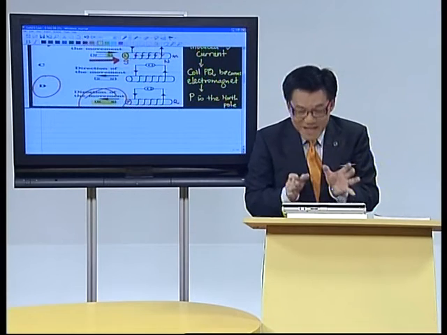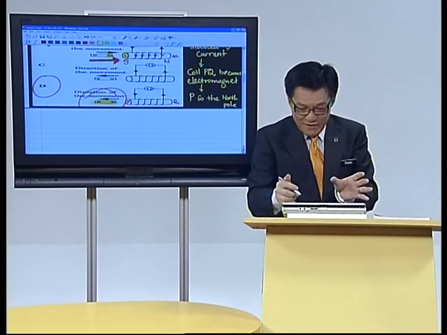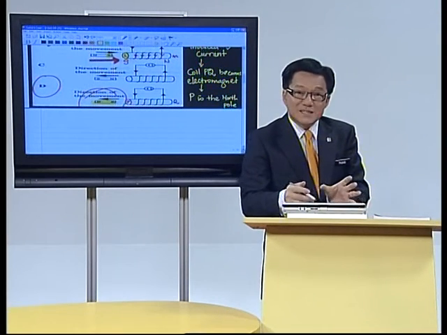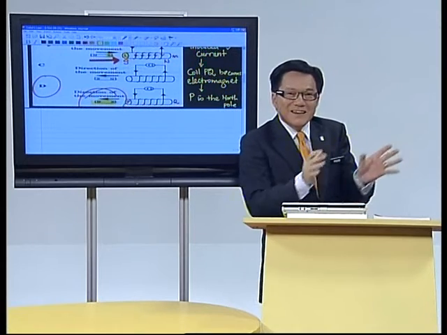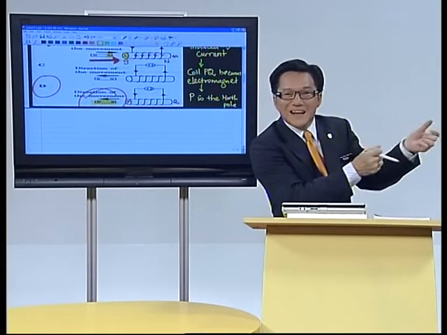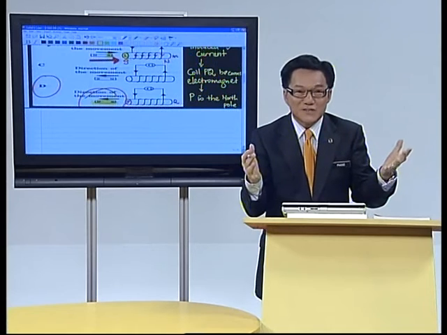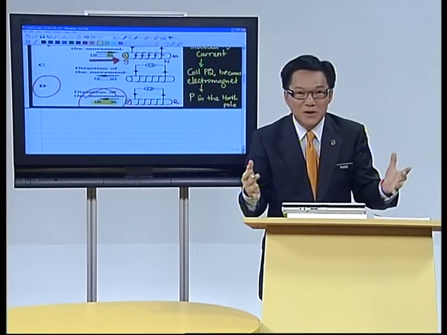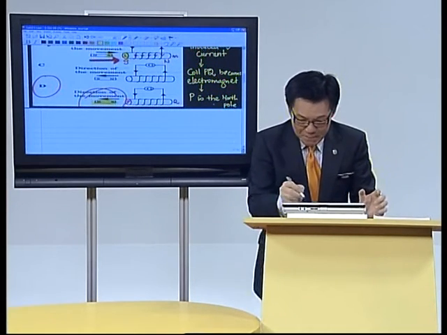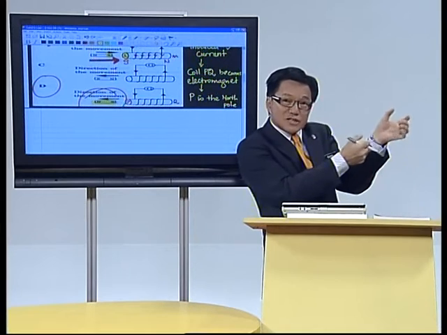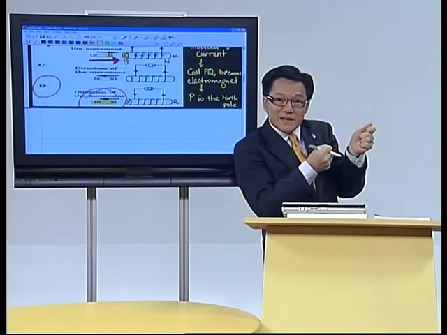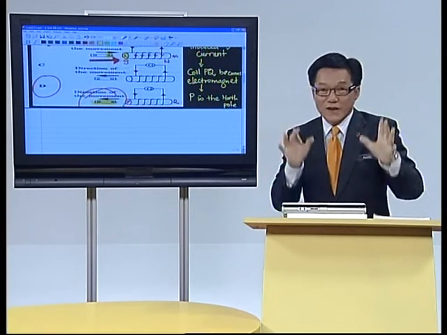So it is as if the coil PQ is telling the magnet, darling, please don't go away. Come back, please don't leave me. You know, it is that kind of drama, love story. There is love story in physics, you know. So P is the north pole. It is attracting the magnet back. Alright, so far so good?